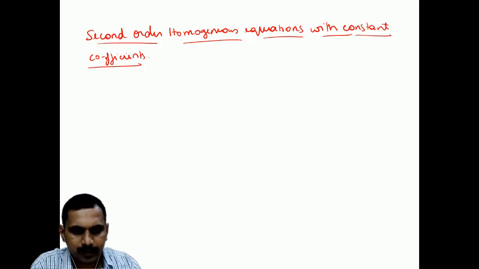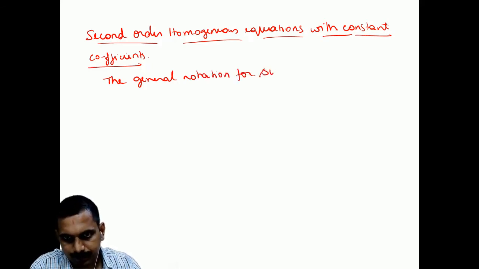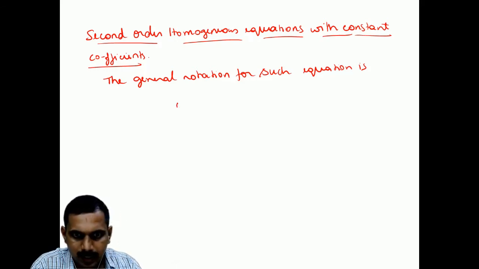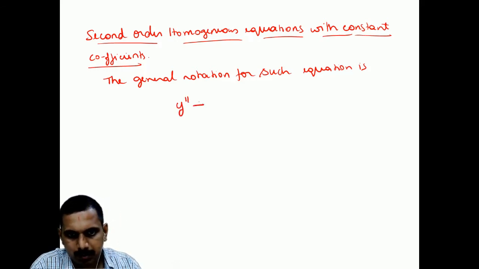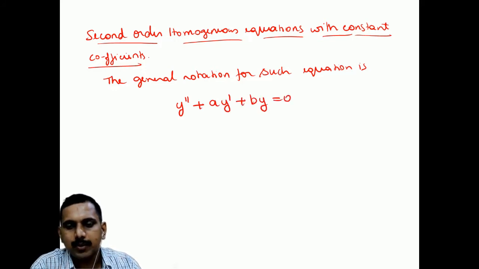So let us take the general notation for such equations, or general form you can say, is y double dash plus a y dash plus by is equal to 0.